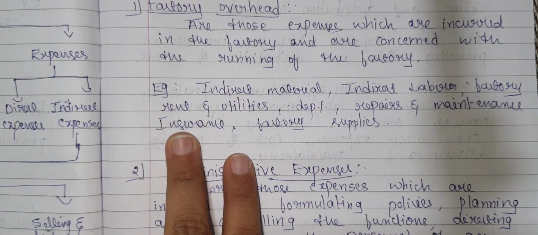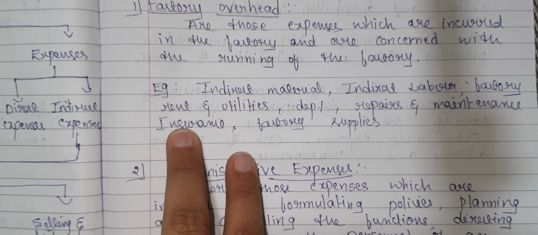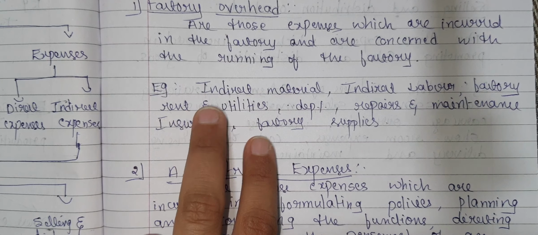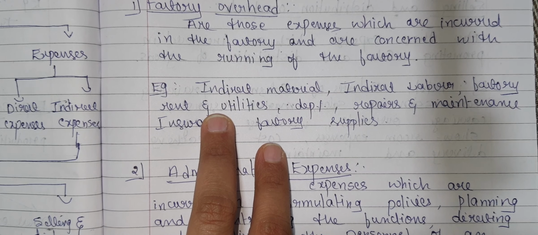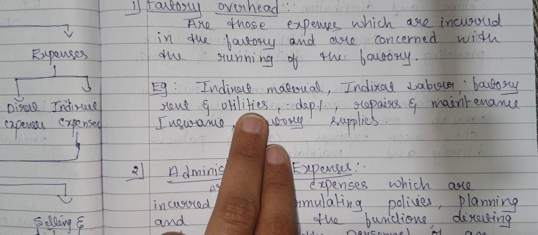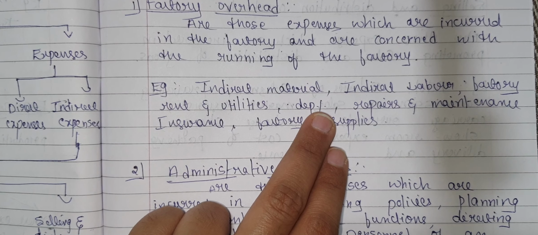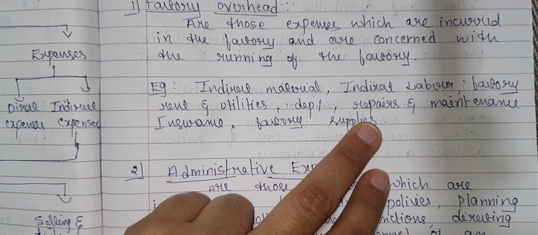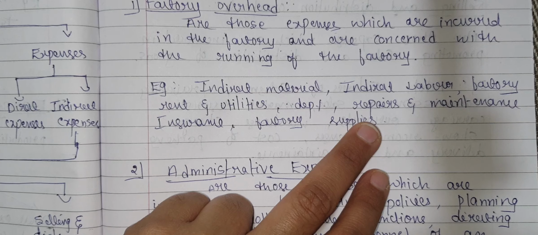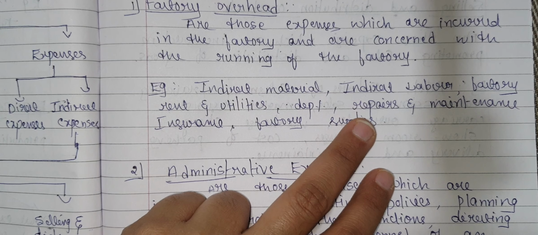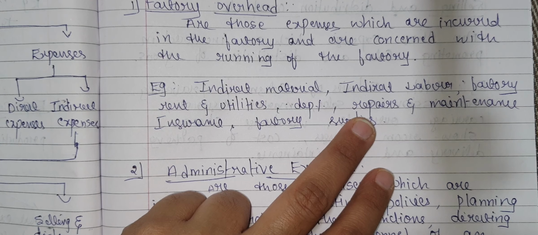Next one, factory rent and utilities. Example, rent of the factory building, electricity, water and utilities. Next one, depreciation and repairs and maintenance, like cost of maintaining machines and factory premises.